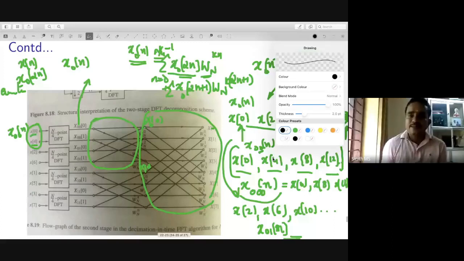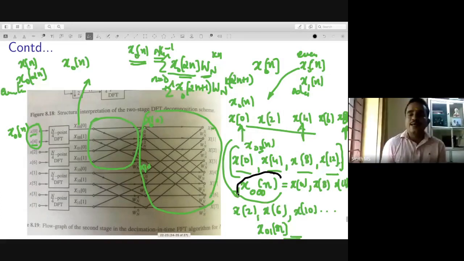Next x000[n], which is the even terms of x[n]. First you take the even terms of x[n], then you get x0[n]. Then from that again you take the even terms, then you get x00[n]. Again from that, if you take the even terms, you get x000[n]. So in that case, what will happen here?